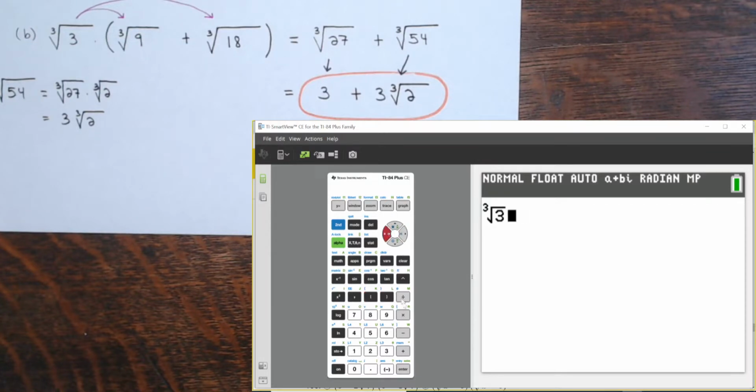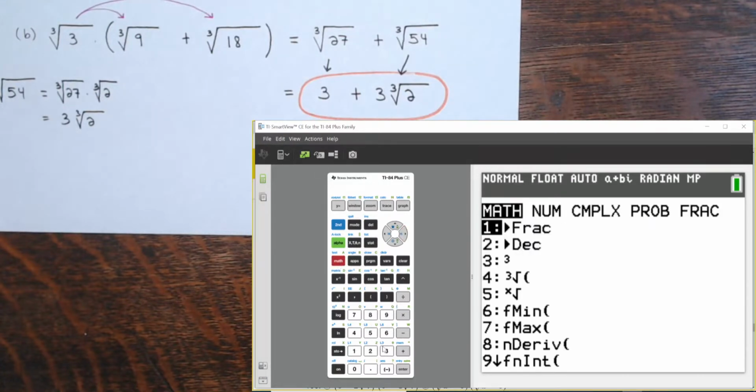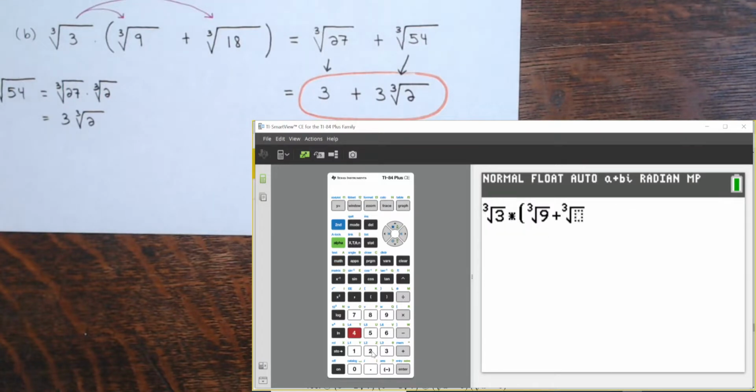So I got the cube root of 3 times, and then the quantity, cube root of 9, then plus, then cube root of 18, close the parentheses. So that's the expression we started with.